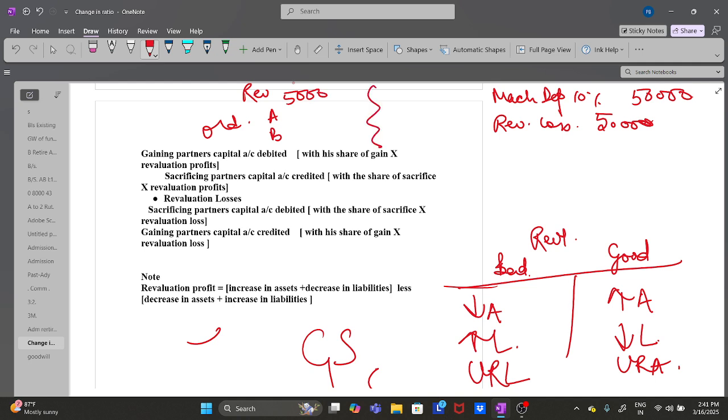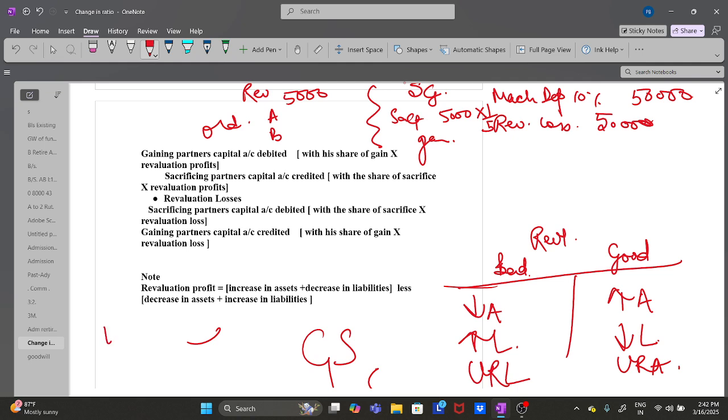But if you don't want to follow that, you will follow SG, because loss is there. Sacrificing partner gets debited, gaining partner gets credited. Amount is 5,000 into share of gain or sacrifice. Let it be 1 by 5. It will become 1,000 as the amount. Here we are making the adjustment through their capital accounts.